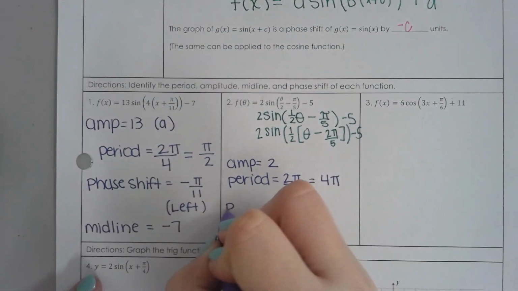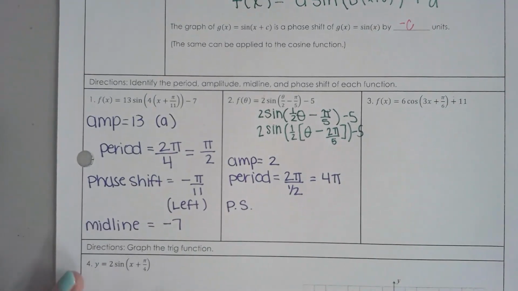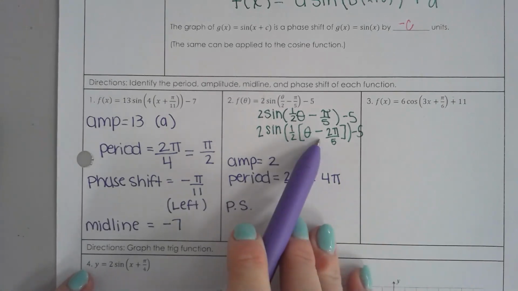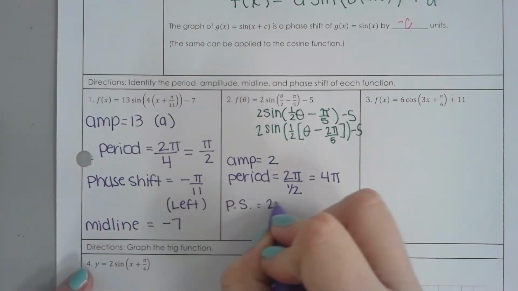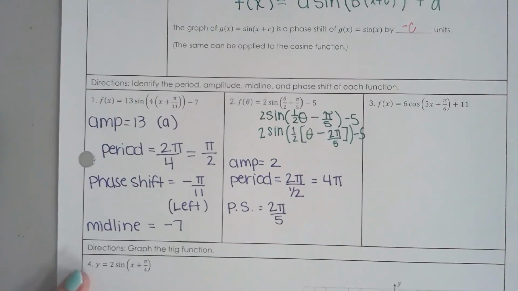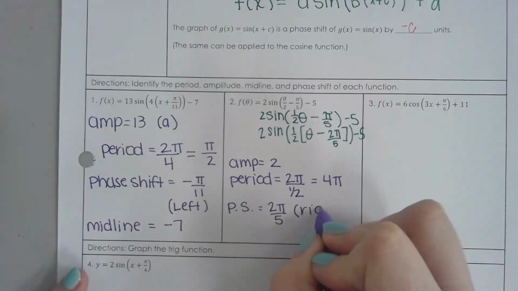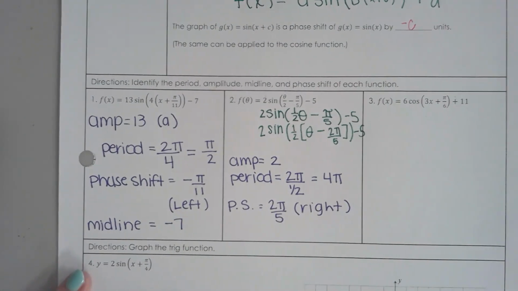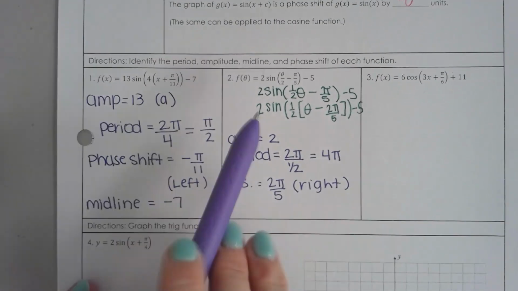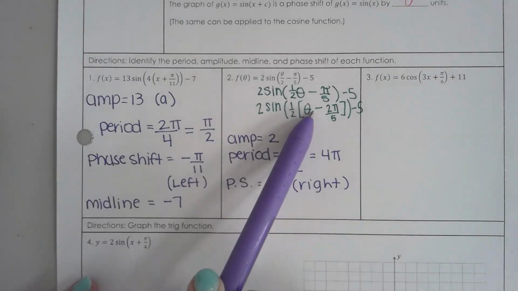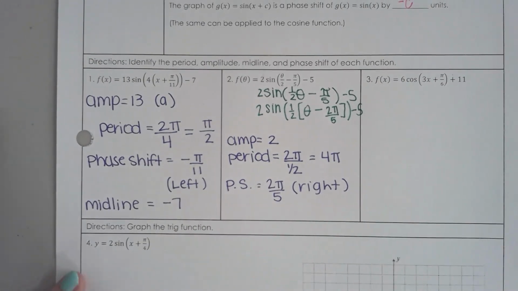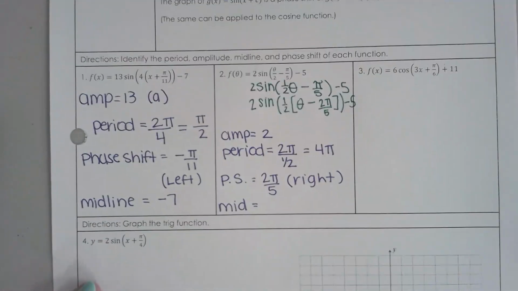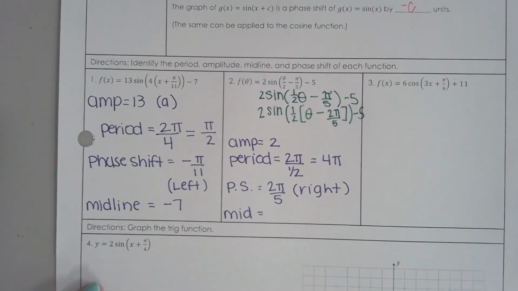The phase shift, I'm going to abbreviate that, is positive 2 pi over 5. It's going to go right. So if in your equation it's a minus, your phase shift is the opposite. And then my midline is what? -5.